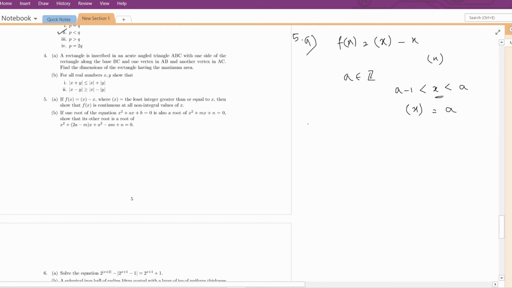At first we will show that f(x) is discontinuous at all integral values of x. How will we show it? Suppose a is an integer. Limit x tending to a minus f(x): for this, x belongs to this interval, so this will be equal to a minus x, which is a minus a, equal to 0.